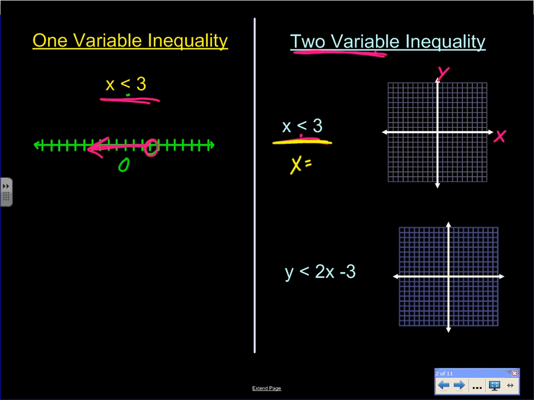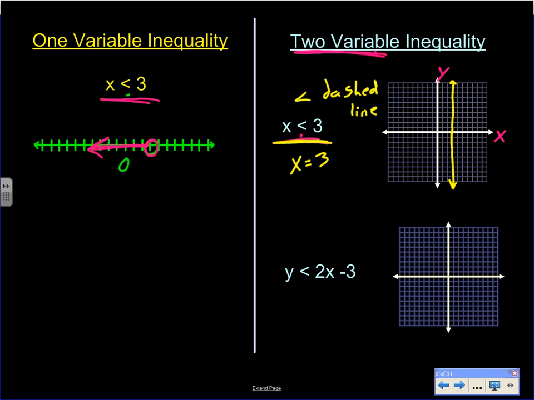We graph x equals 3, and for x equals 3, that would be a vertical line that crosses the x-axis at positive 3. And remember, in this case, since it is just less than, then we're going to have a dashed line.